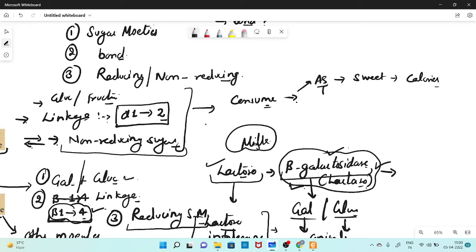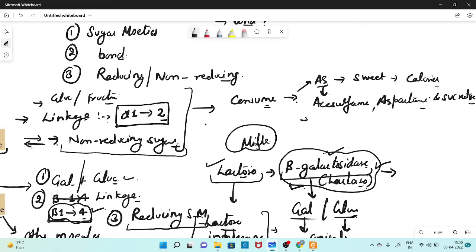And these artificial sweeteners are called acesulfame, aspartame, and sucralose, etc.